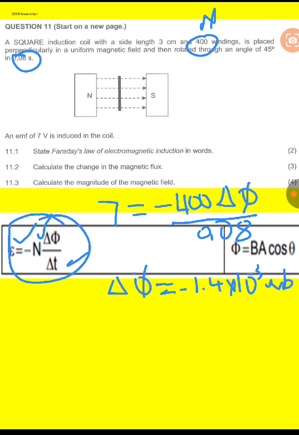So basically, when we solved the maths here, we cross-multiplied, and then we divided by negative 400 on both sides.